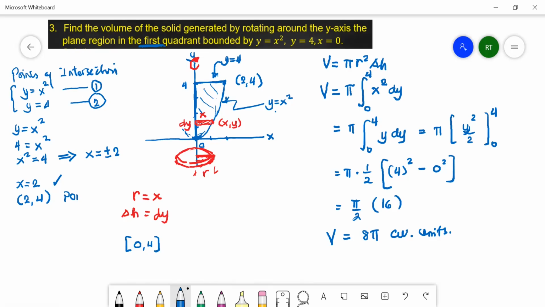It is a boundary of the region. And second, the element must be perpendicular to the axis of revolution. Since the region touches the axis of revolution, any element drawn within the region will always touch the axis of revolution and be perpendicular to it.